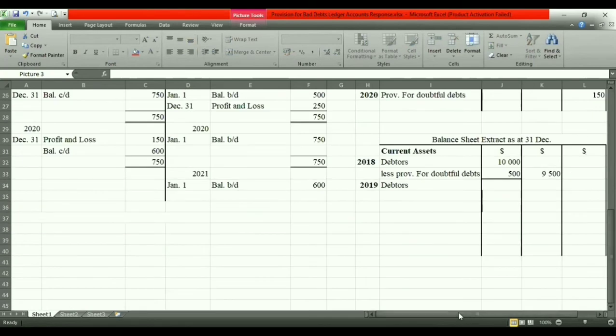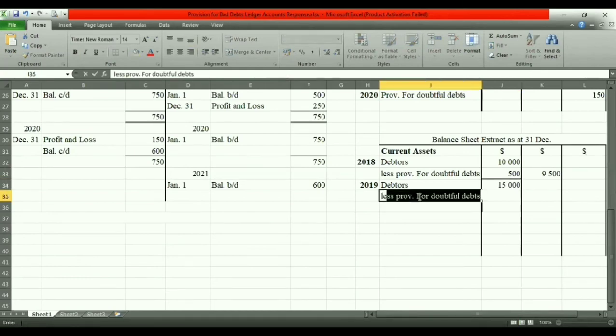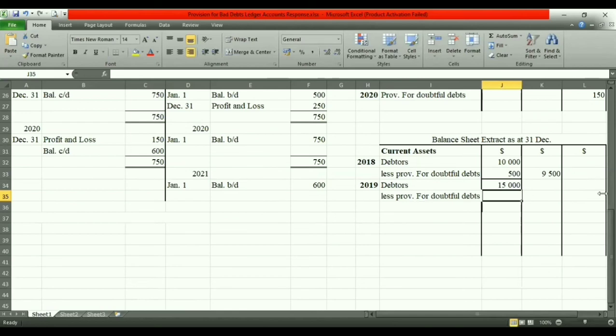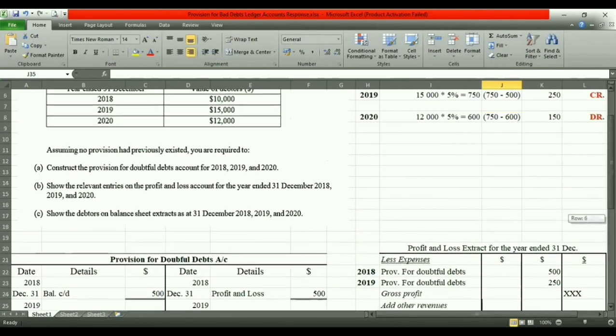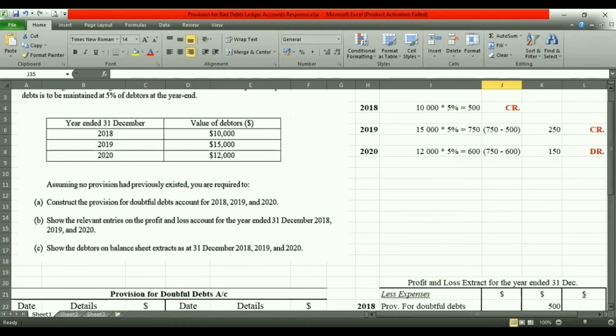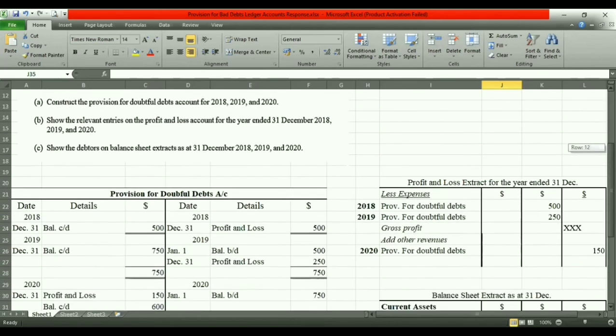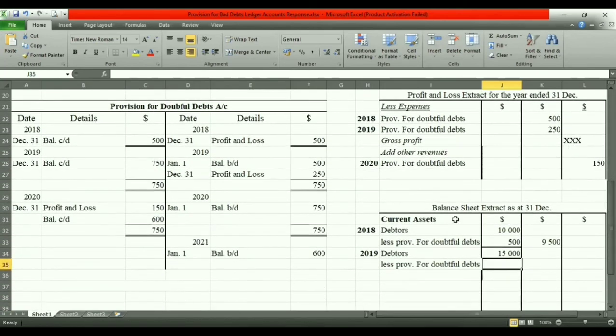So we enter that $15,000, and from that we're going to less our provision for doubtful debts, and that is $750. Apart from your workings, you can check the account as well. So coming out of 2019, the balance brought down is $750. So this is a figure that we are recording, the balance brought down of $750.